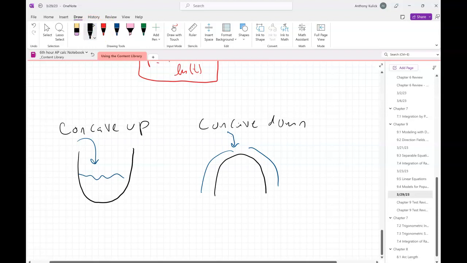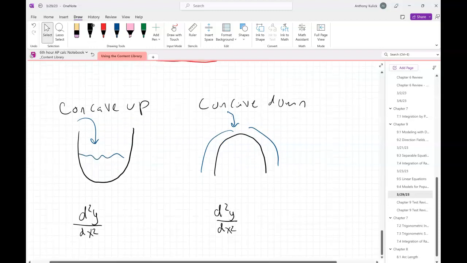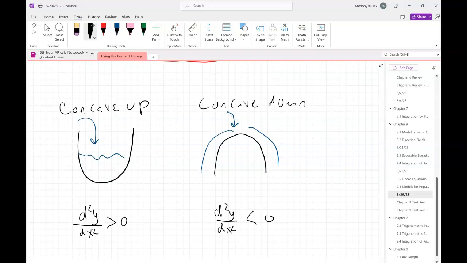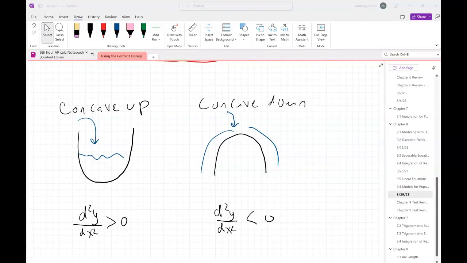The second derivative tells us about concavity. When the second derivative is positive, I think we're concave up, and negative we're concave down. Let me just double check that right quick. I don't want to say it wrong, you know what I mean?